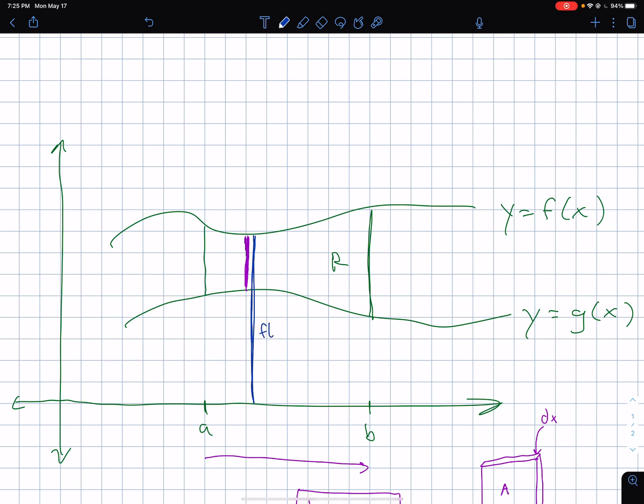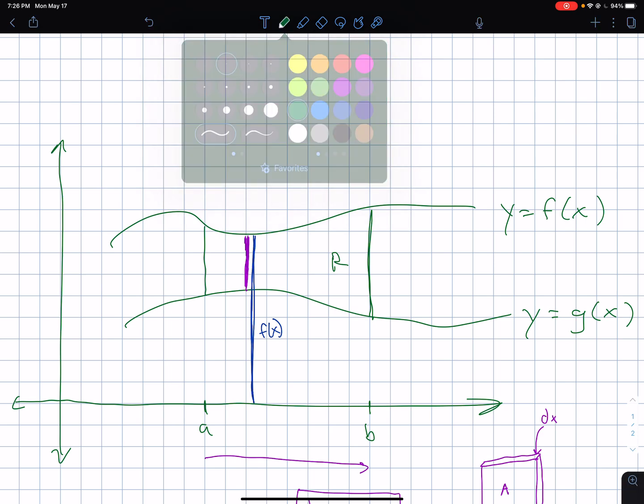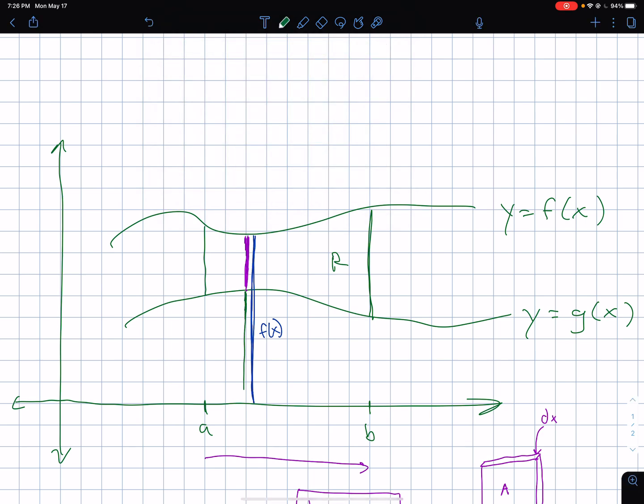That length is the y value f of x. Then if I think of this green length, that is the y value from the axis up to g of x. So the purple length will always be f minus g. I'm going to take out the of x's for now, but they are functions of x. That's why we multiply by dx. That length will always be f minus g.